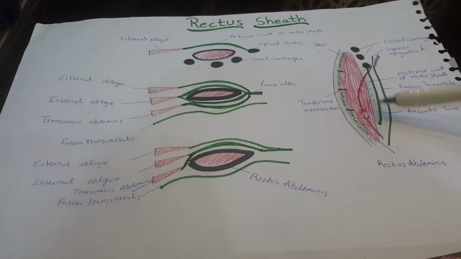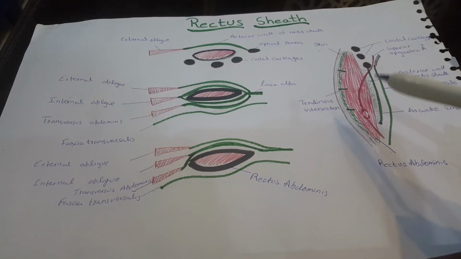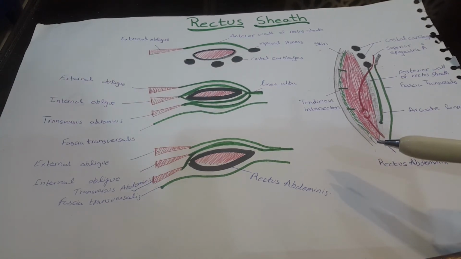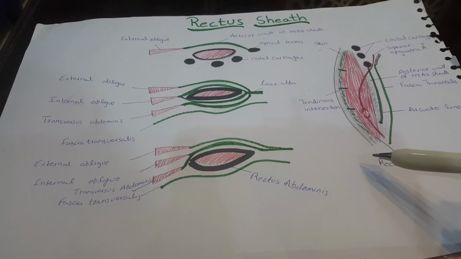So superior and inferior epigastric veins and arteries are included in the contents of the rectus sheath. There are some nerves that are included in the contents of rectus sheath. These are lower 6 thoracic nerves and lower 5 intercostal nerves and subcostal nerve.